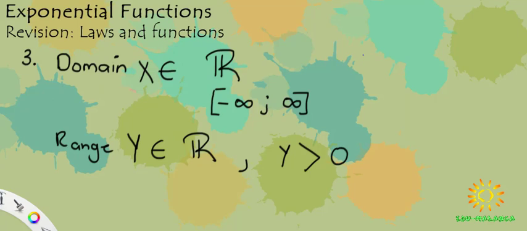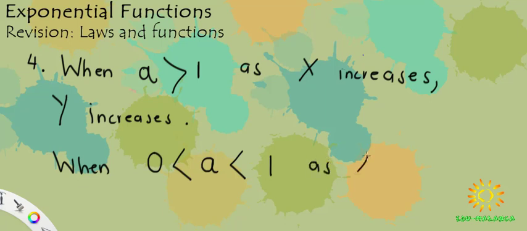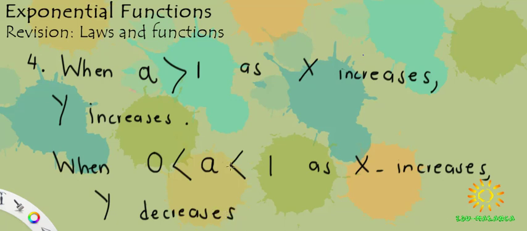And so it has an opposite relationship. So when 0 is less than a, which is less than 1, this means that a is a fraction. As x increases, your y decreases. So you start to have an opposite relationship.